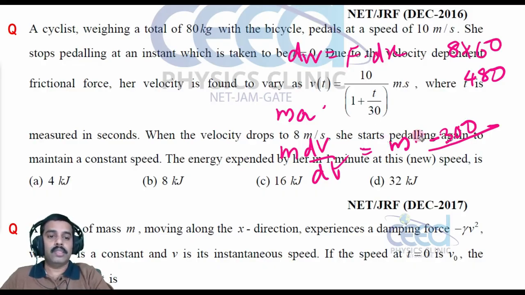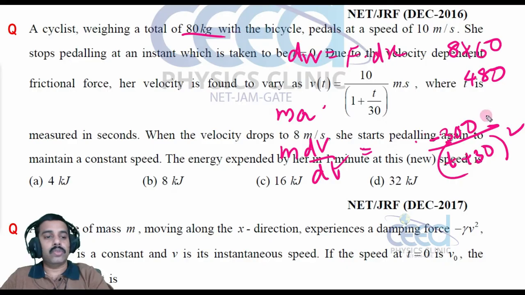So I am writing this t by 30, and on differentiating we have a 1 by 30 here, right? So this whole square. So how can I write this? Minus 300 divided by t plus 30 the whole square. We can write like this. What is mass? Mass is equal to 80, that is given. So that is into 80. Now this is my force, right? We differentiate this, m into dv by dt. That is what I have done here.